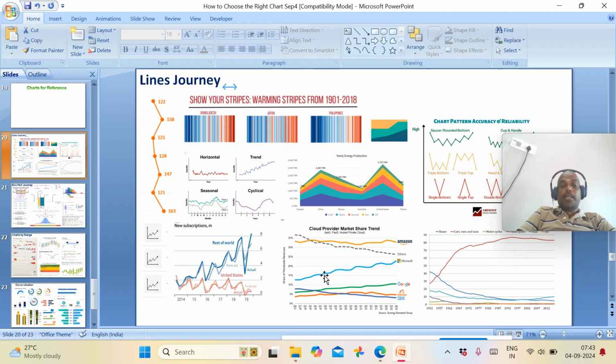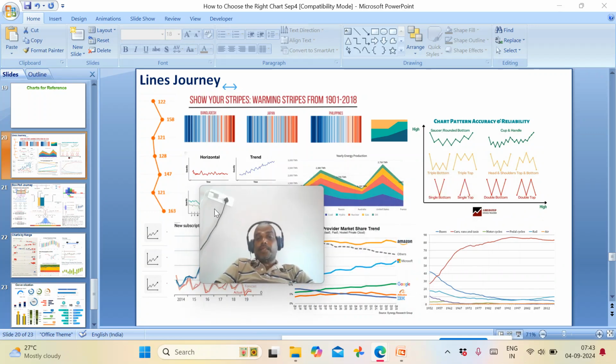And you can see the market share between the providers: Amazon, Microsoft, Google, IBM, like that actually. And this chart, you can see how we are showing this. This entire chart is about the line chart. That's why I just mentioned it as a line chart.